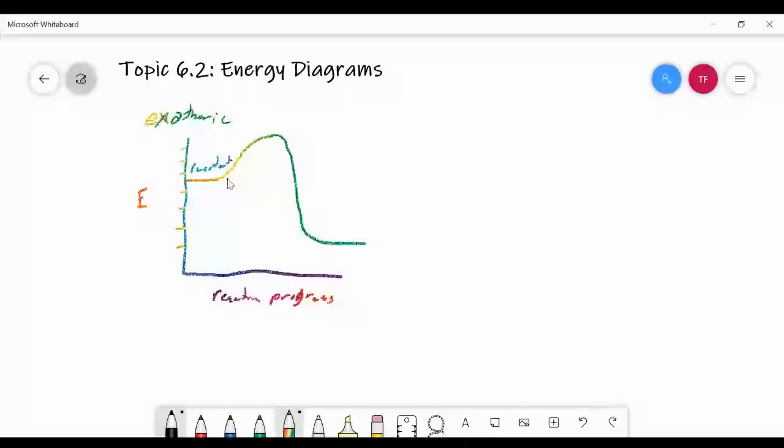The energy from the reactants energy to the top of this hump is called the activation energy, and we abbreviate that E with a little subscript A. Up at the top there, you have what's called an activated complex or transition state. These are substances that are ready to react. And now once you've gotten to those activated complex, they can bump into each other and make your new products. And we'll end up with our products, which are always going to be on the right side of the graph.